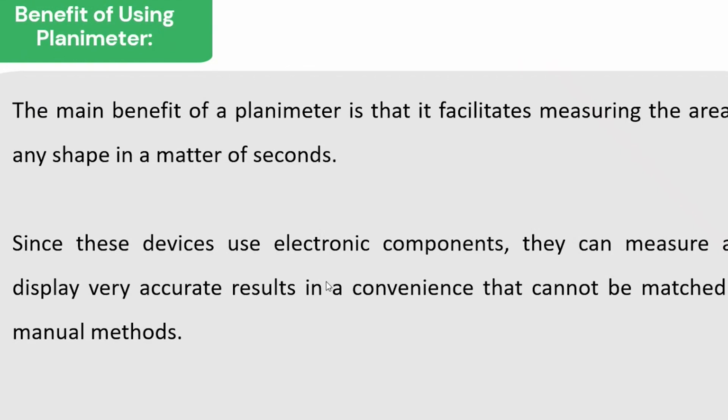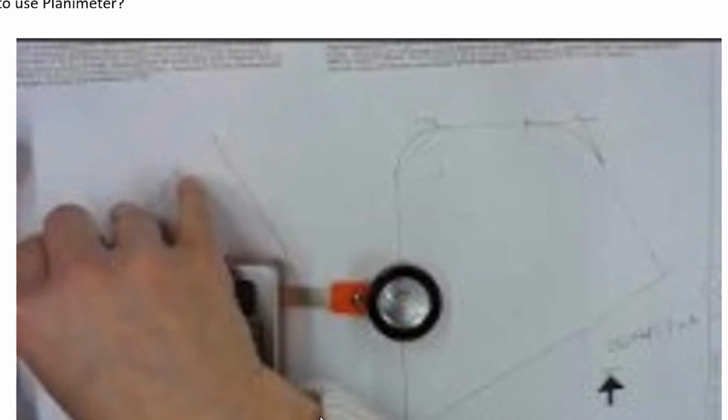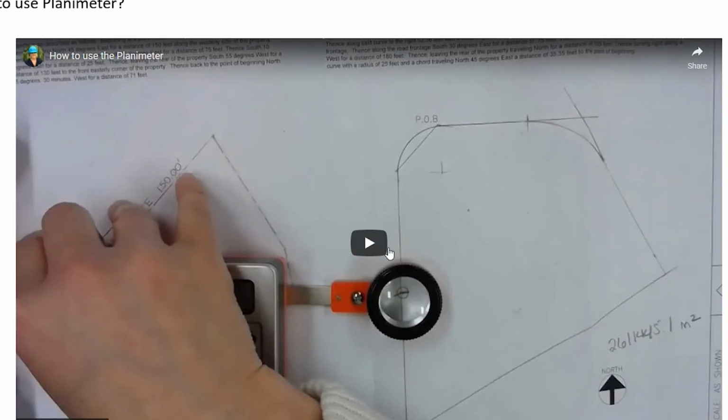Since these devices are electronic components, they can measure and display very accurate results in a convenience that cannot be matched by manual methods. So dahil nga electronics na rin siya, mawawala na natin yung discrepancy, mawawala yung errors, kasi yun na mismo yung magsosolve ng gusto nating sukat. So para ma-understand natin paano ba gamitin yung planimeter, here's a short video.